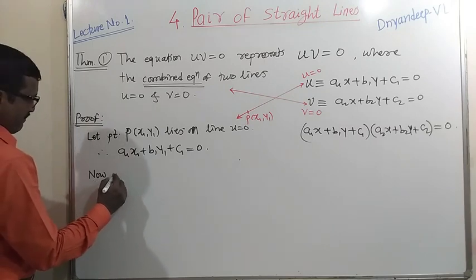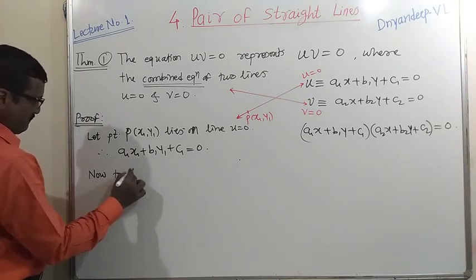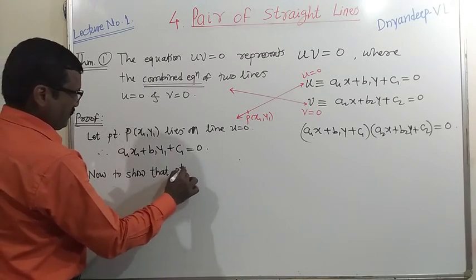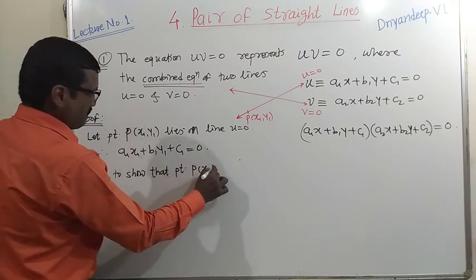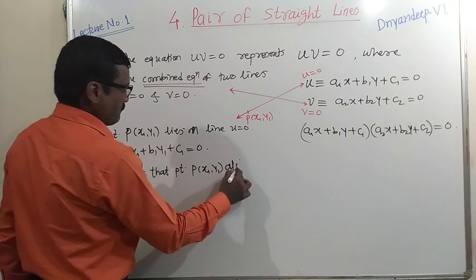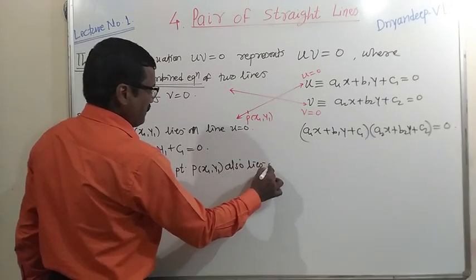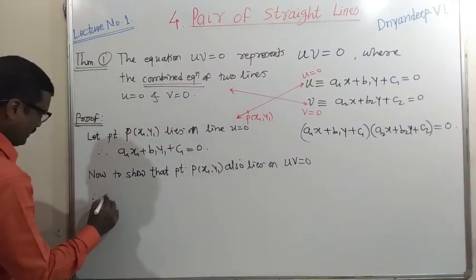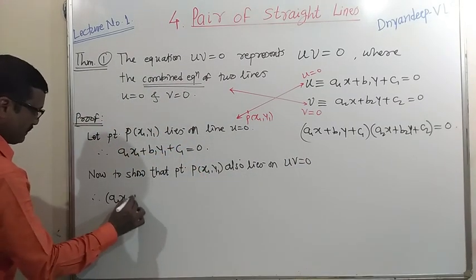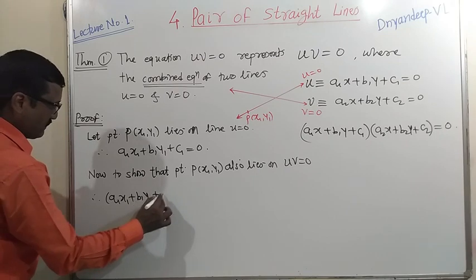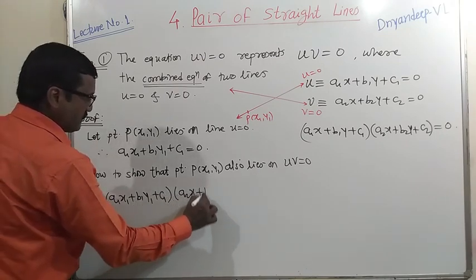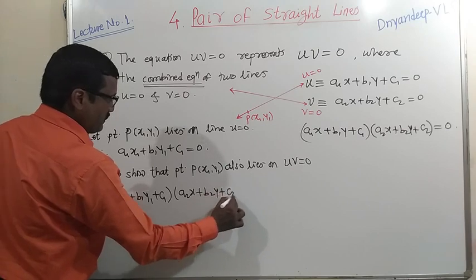Therefore, now to show that point P (x1, y1) also lies on uv equal to 0, consider (a1x1 plus b1y1 plus c1) into (a2x plus b2y plus c2).